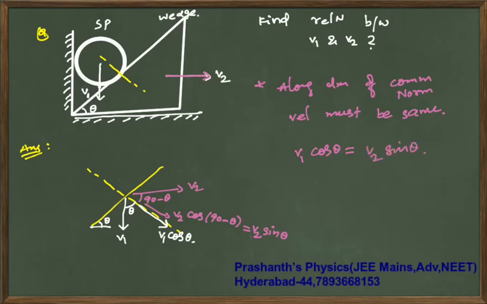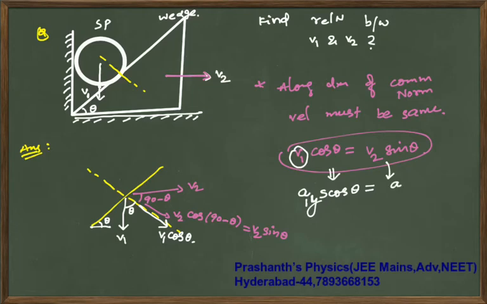So from here, the relation between accelerations, if you want, you can get it. Because theta is constant, if I differentiate, the derivative of velocity will become acceleration. So a1y cos theta is equal to, this will move obviously along the horizontal direction, so a2X sin theta.